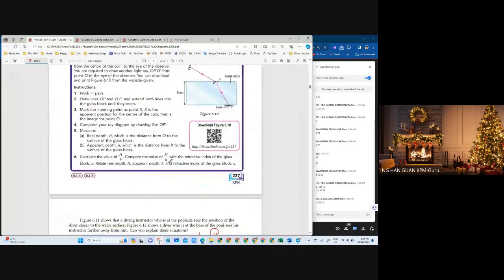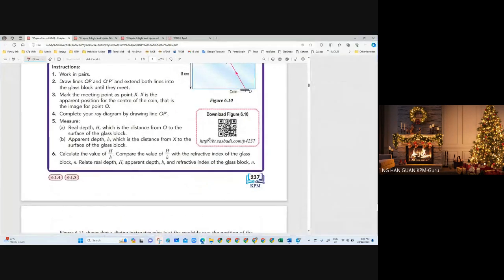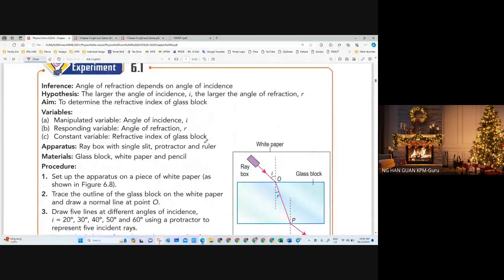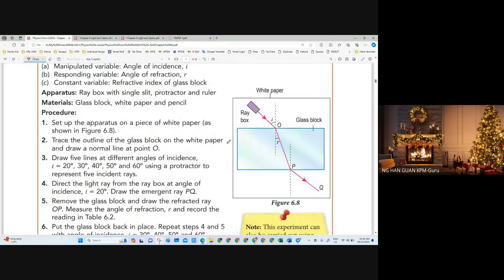Okay, and regarding the experiments, this is the one that we conducted in our Form 4 final year, Ujian Marine Science. So hopefully you still remember what you did.